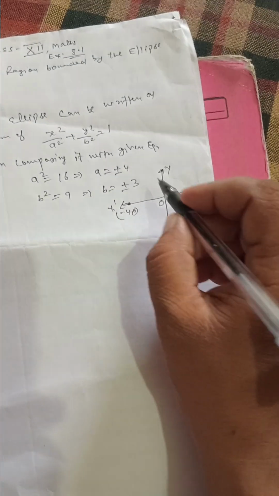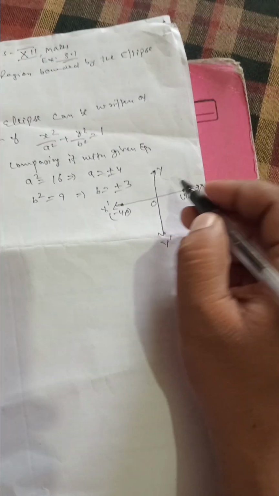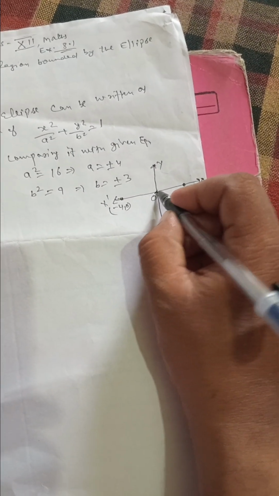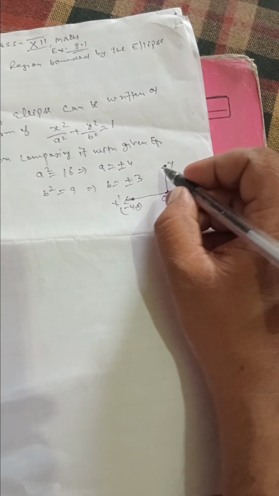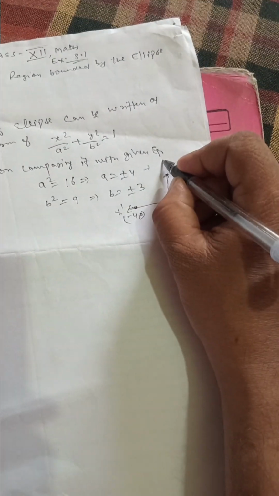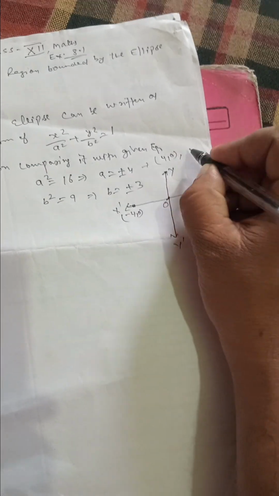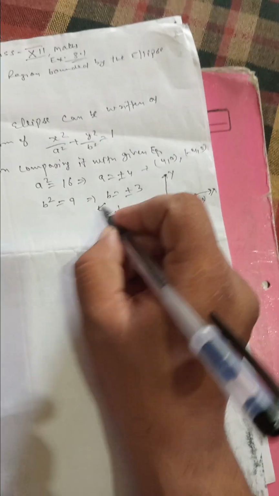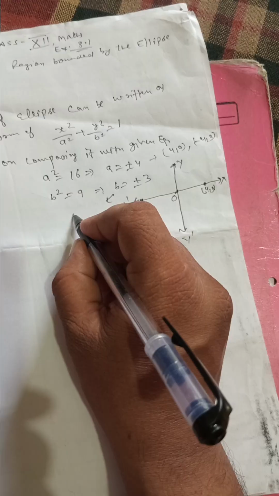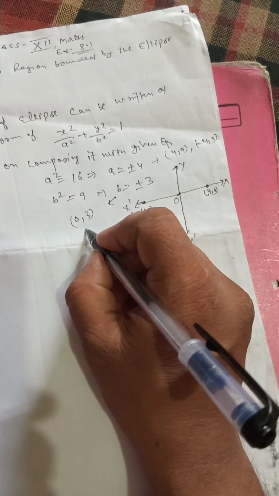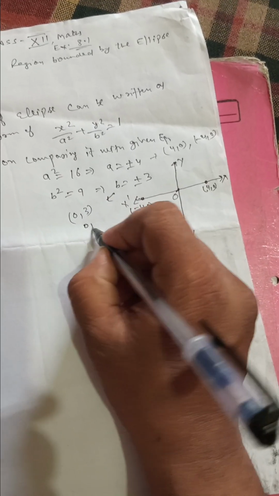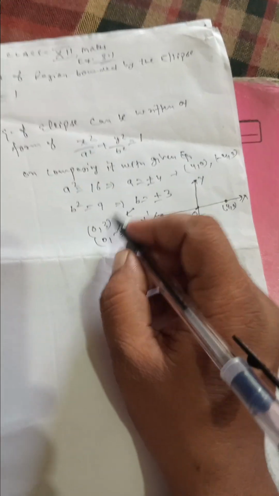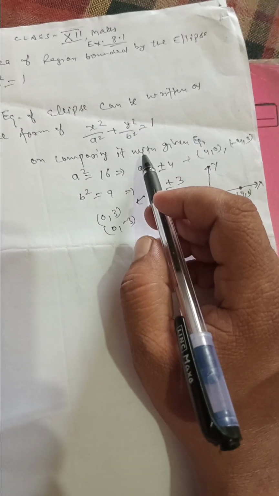So by using these points, again b equal to 3, we can write these points: 4 comma 0 and minus 4 comma 0, and from b, 0 comma 3 and 0 comma minus 3, because the ellipse is symmetrical about both the axes.